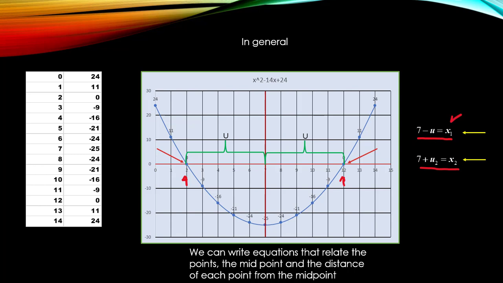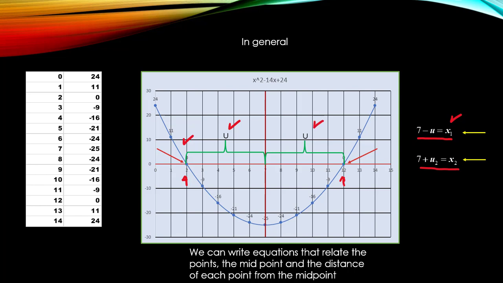So in this case, x1 is over here, and we subtract this distance u from that midpoint, from the line of symmetry over to x1, and that's 7 subtract u equals x1.